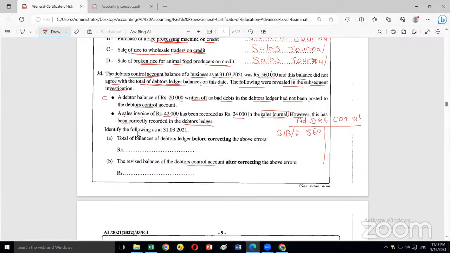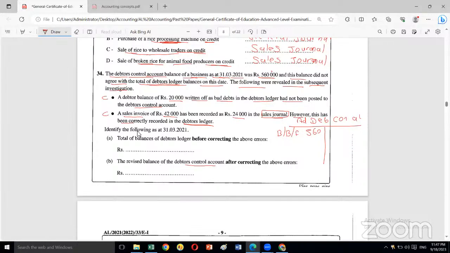That means they made the error only in the control account. The debtors ledger is perfect, no errors were made in the debtors ledger. The error is only in the control account.